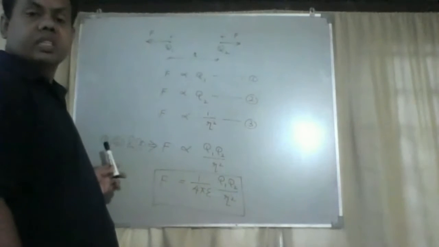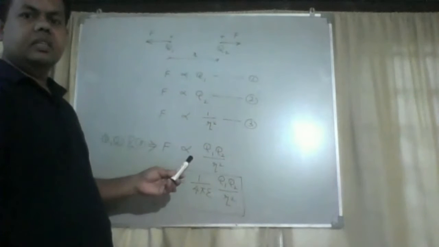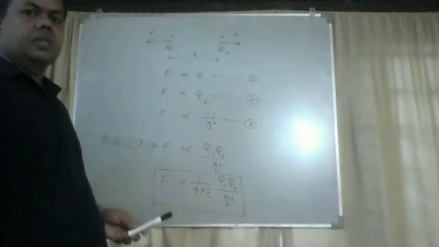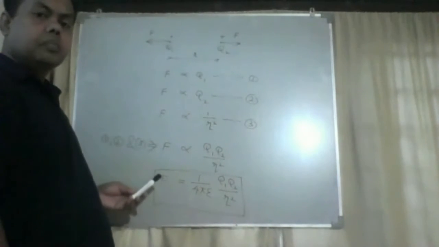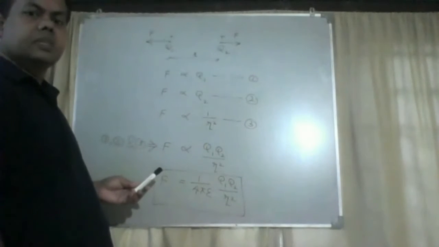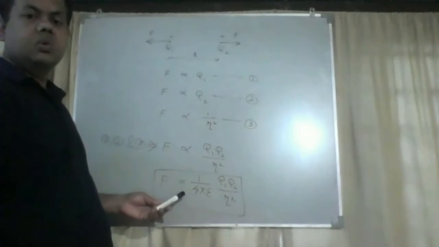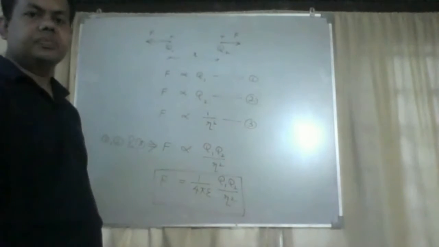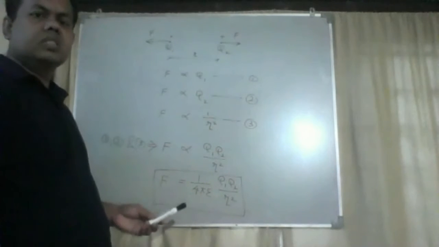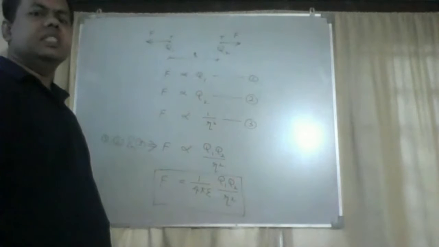Combining equations 1, 2, and 3, we can write like this. By introducing a proportionality constant 1 over 4 pi epsilon, we can write Coulomb's law as this. Here, the constant epsilon is called the permittivity of the medium.